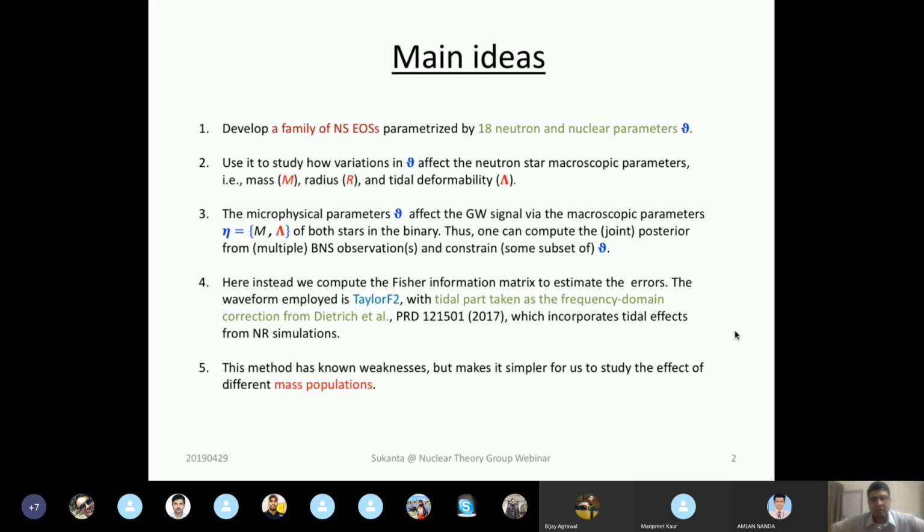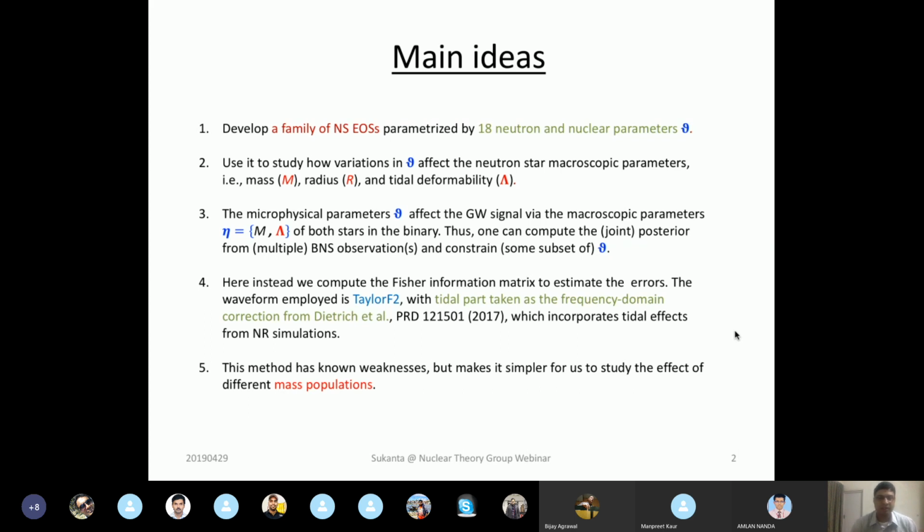But for the moment, we erred on the side of removing systematics that may arise if we limit ourselves to just a few neutron stars, because then the errors will heavily depend on exactly what their mass and lambda distributions are.